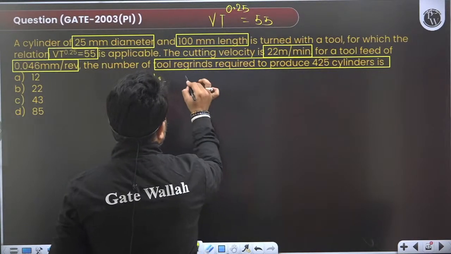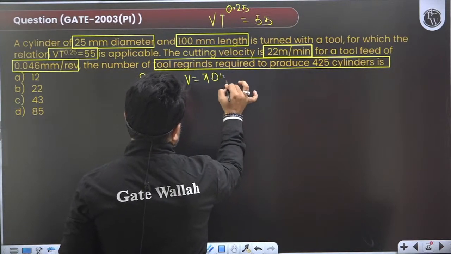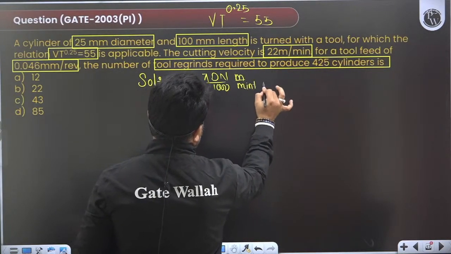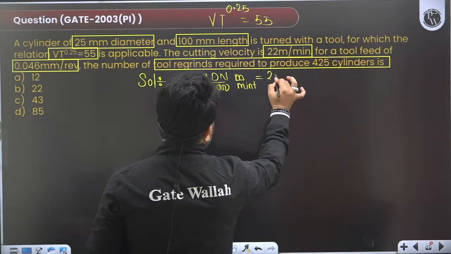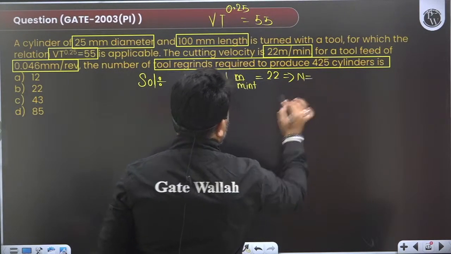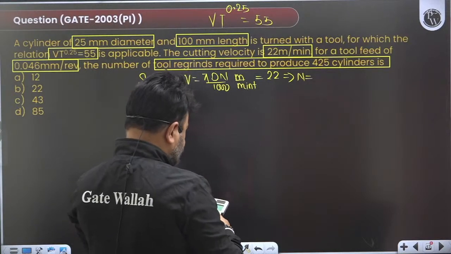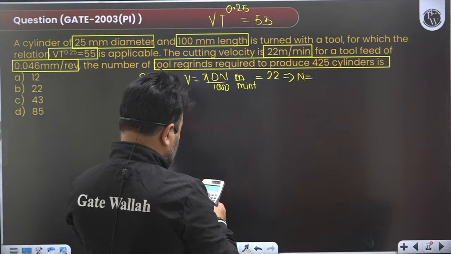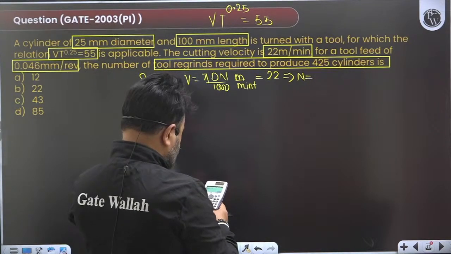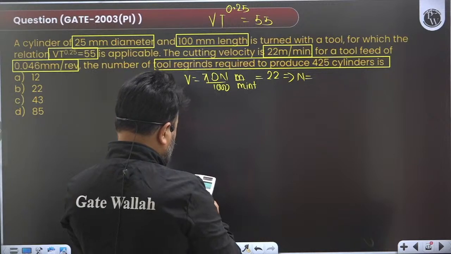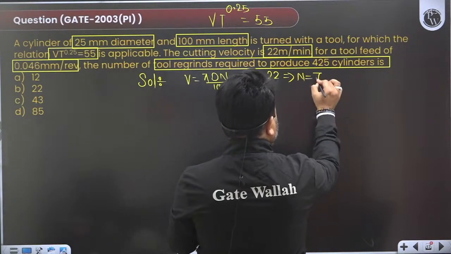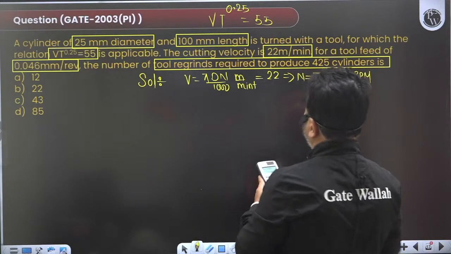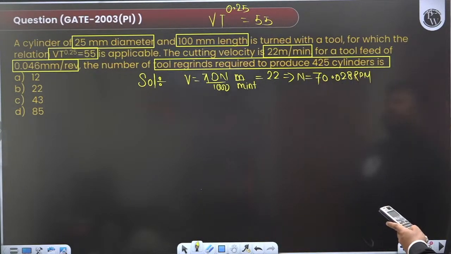So cutting velocity V equal to pi dn divided by 1000 meter per minute, that is 22. So it will give you the RPM: 22 into 1000 divided by pi into d. So 70.028 RPM. Is it clear?